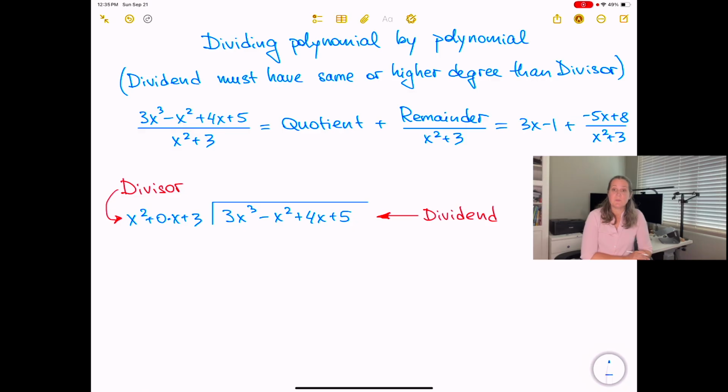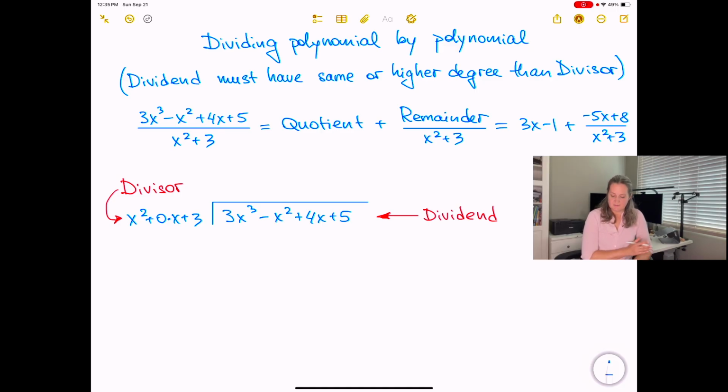We divide it by a polynomial of degree 2, x squared plus 3, but x squared plus 3 obviously doesn't have all terms present. X squared is multiplied by 1, but x to the power 1 is multiplied by 0, which makes its term invisible. And then 3 is multiplied by x to the power of 0.